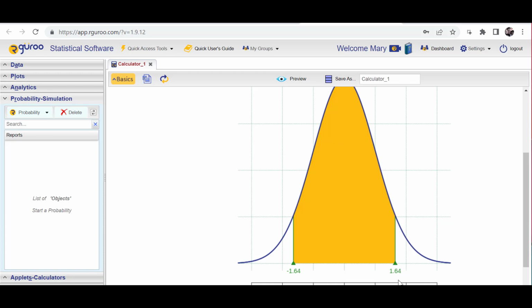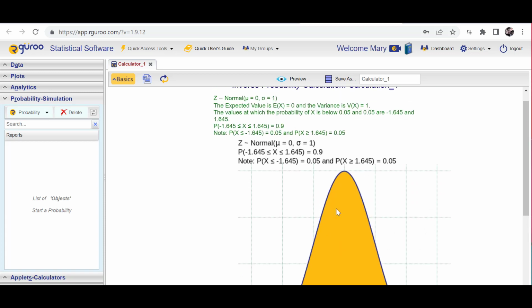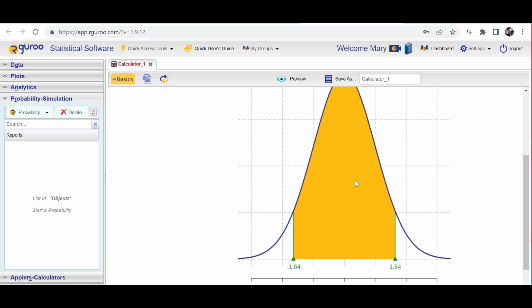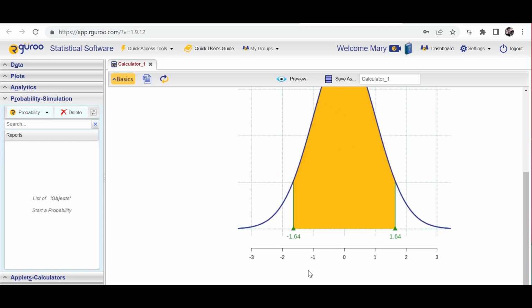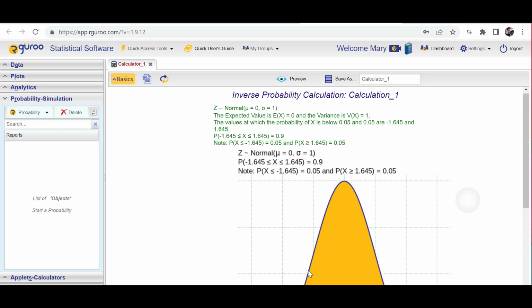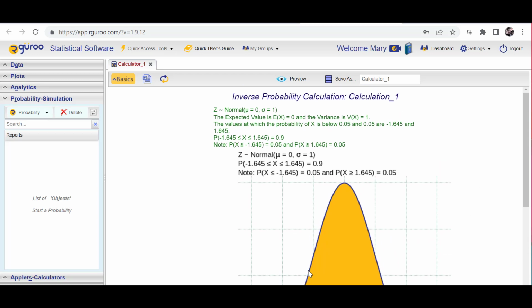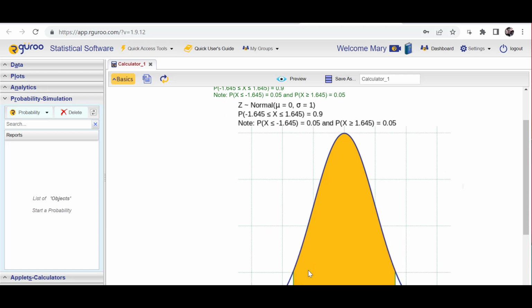This is actually, if you look up here, you can see the actual number, 1.645. 1.645 standard deviations above the mean and 1.645 standard deviations below the mean for the lower boundary. So this is actually the rounding here, 1.64. It should be 1.645. So that would be your critical value here.